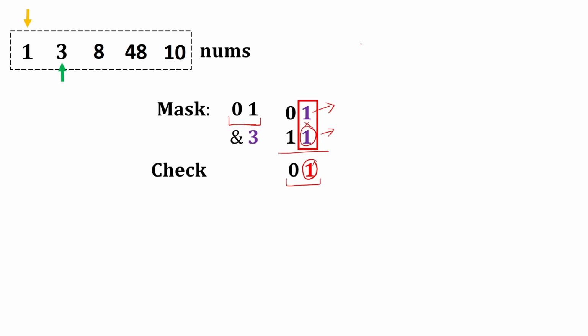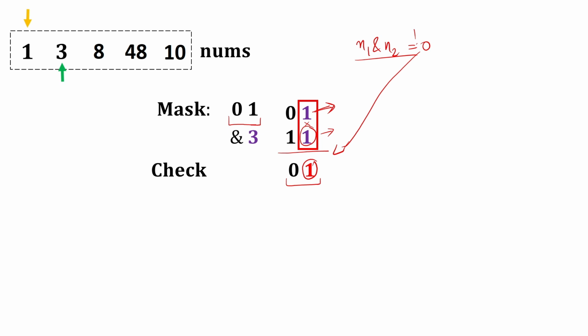It fails because the AND of the mask and the new element does not evaluate to 0, since this is not 0. That means you cannot add a 3, because there is some element already existing in your subarray due to which 3 cannot be added, because some element has already taken up this place and stored its 1 at this position. Now what to do? How do you resolve this conflict?